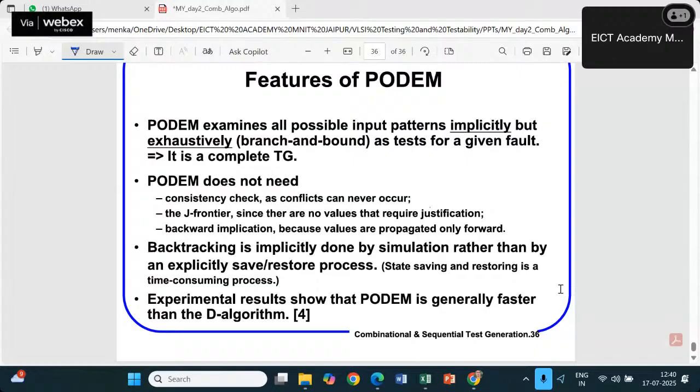Scilab is also a good open source option, but Scilab has a little variation in script writing at some places, minute differences there. So it is up to you whatever language you want to choose. We have taken MATLAB, and the script is in MATLAB. I will be sharing the PPT. You can choose Python, C, C++, or whatever language you want, but try to at least create the results for any one circuit using the PODEM algorithm.